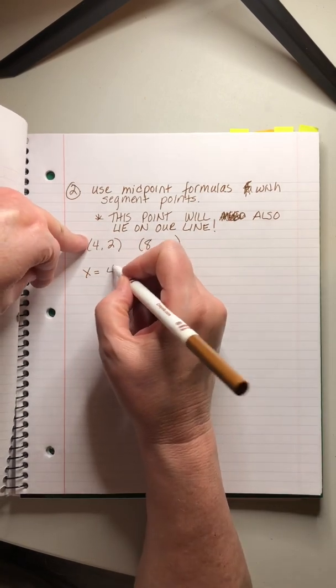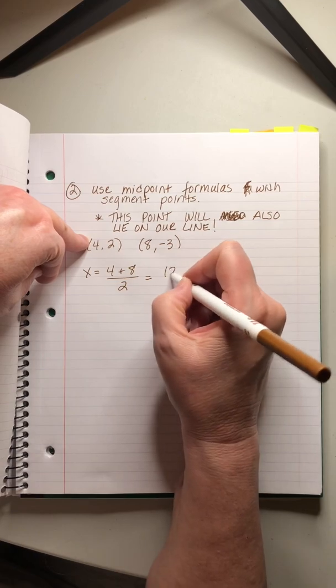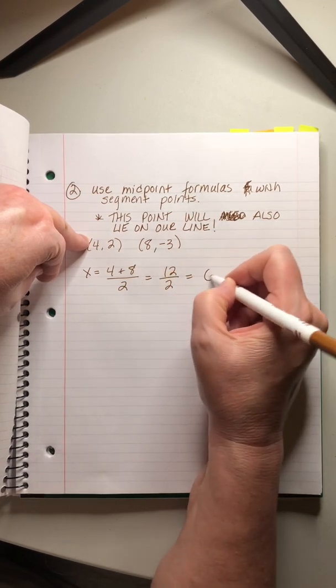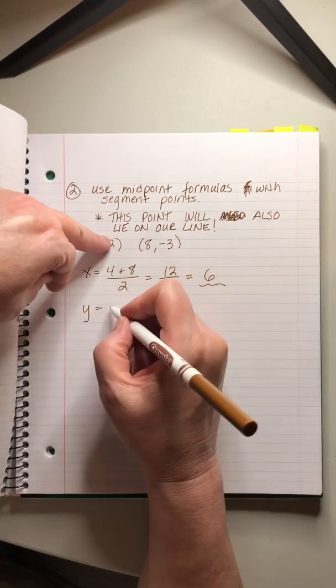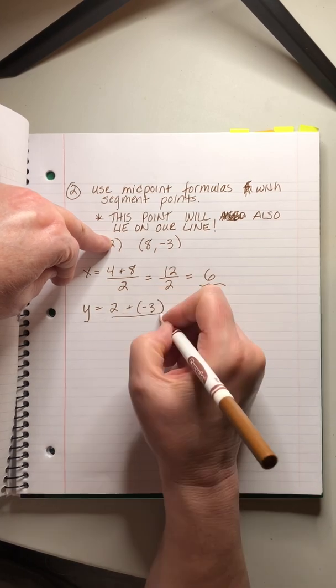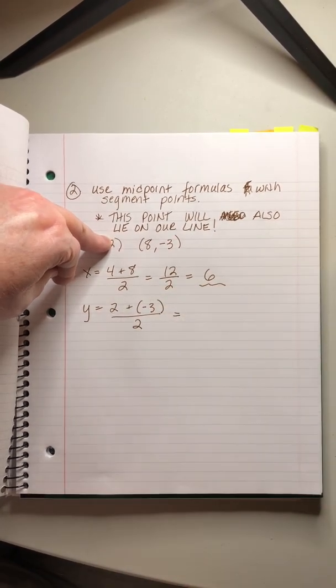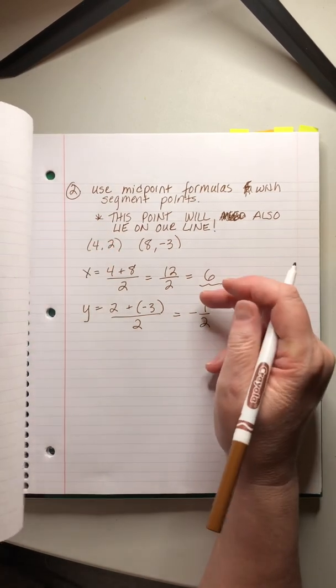It's going to be 4 plus 8 divided by 2. That's pretty easy, right? And then the y will be 2 plus minus 3 divided by 2, which equals -1/2.